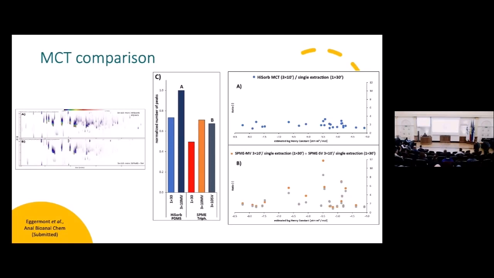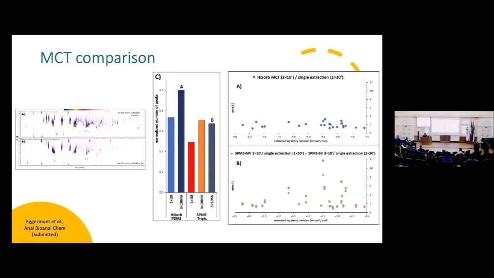But one thing really interesting is that the multicumulative extraction of SPME made from the same vial and from different vials leads to the same result. That means that even after 3 times 10 minutes of extraction of the same vial, we obtain the same results as if we had done this on different vials, meaning that we were in a completely saturated situation.